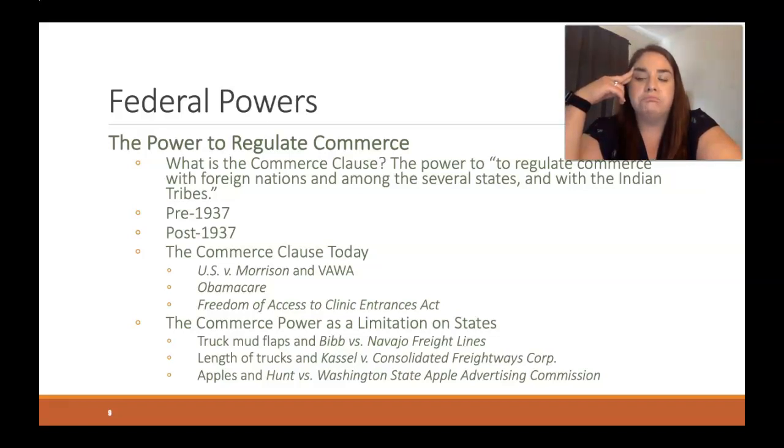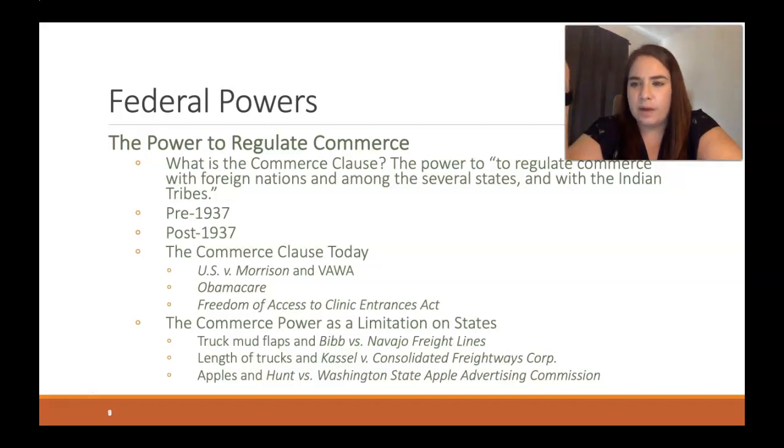Their argument behind trying to prevent violence against women, trying to make it a federal crime, and trying to increase federal funding for organizations that deal with violence against women was that, hey, we get to regulate this because violence against women impacts commerce among the several states.